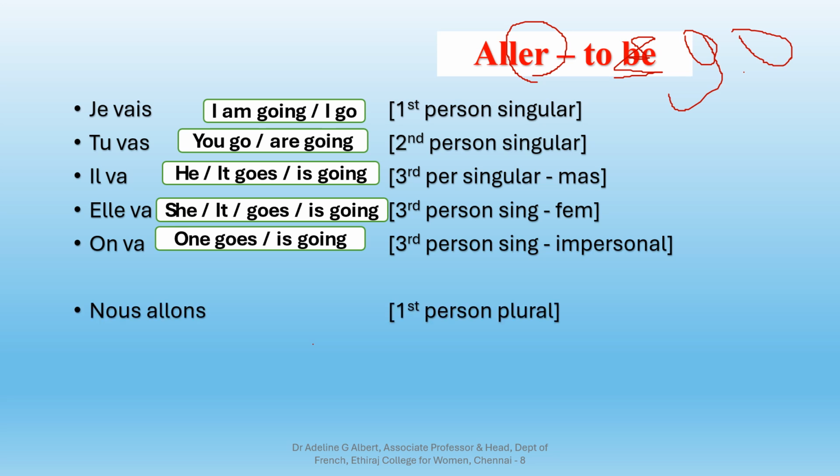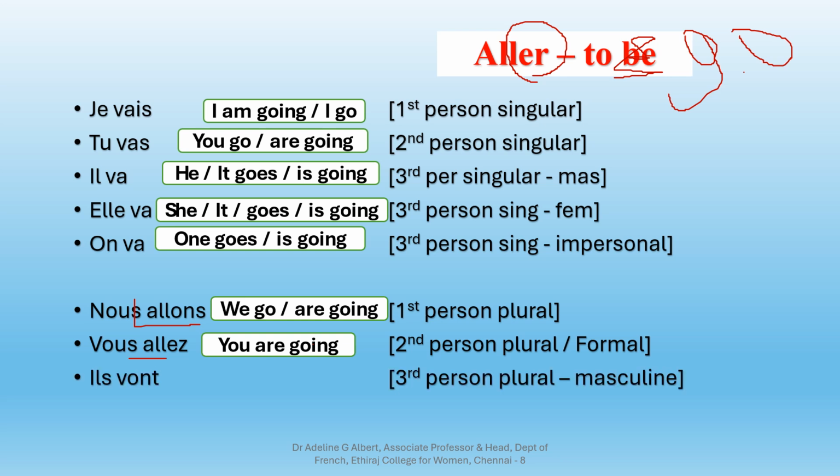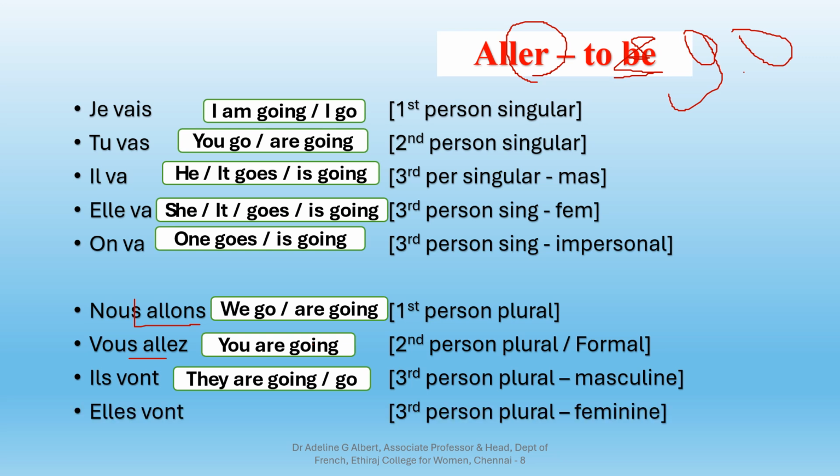Now think, how do I pronounce this? Split the S. Nous allons. We are going. Vous allez. You are going. Ils vont, S is silent, T is silent, ils vont, they are going. Elles vont, they are going. Okay, so these are your verbs.